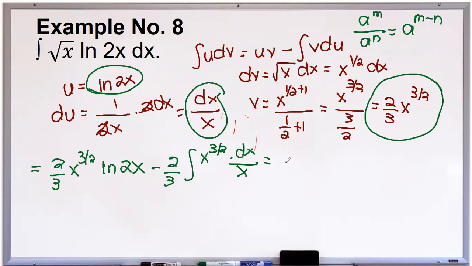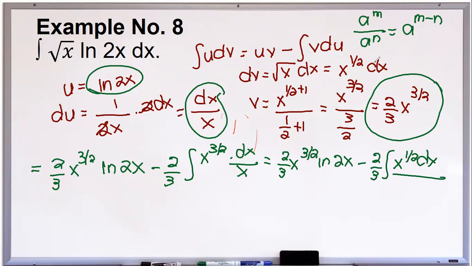Okay, so this will become, sulat natin, so 2/3 x raised to 3 over 2 ln of 2x minus 2/3 integral of x raised to 1/2 dx. So anong gagamitin natin dito? Ulit. Formula ng integration, power formula for integration.